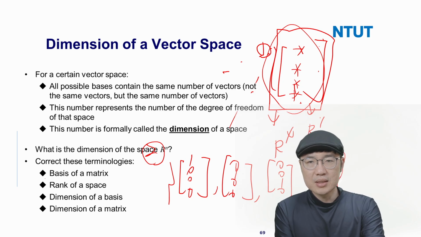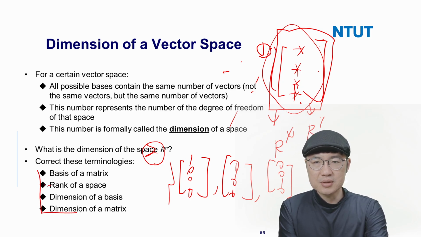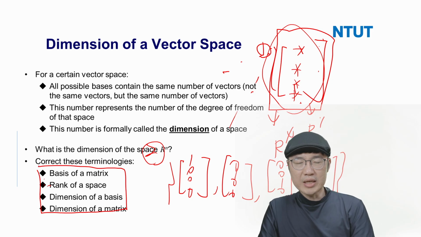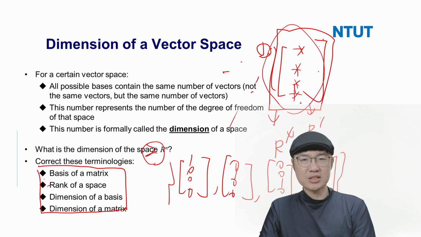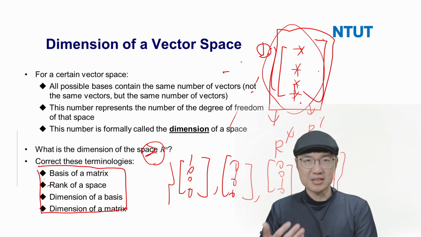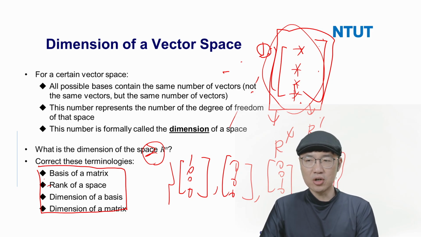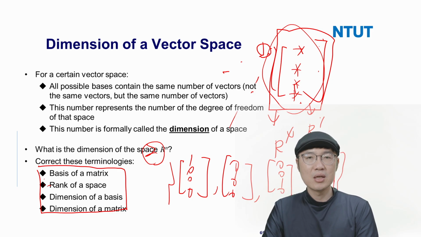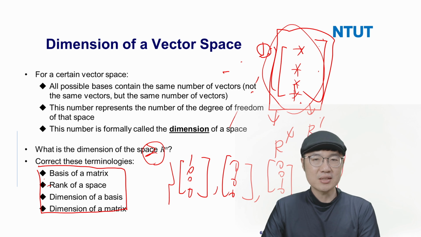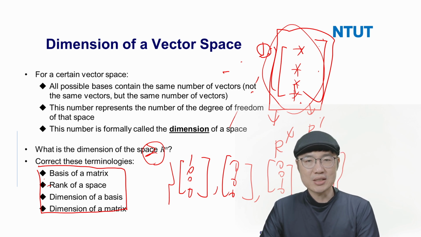So remember, these terms could be incorrectly used. There's no such thing as the basis of a matrix. A basis is for a subspace. We can talk about finding the basis of a subspace, but not finding the basis of a matrix. Rank is something for a matrix, so there is no such thing as rank for a space. Rank is for a matrix.